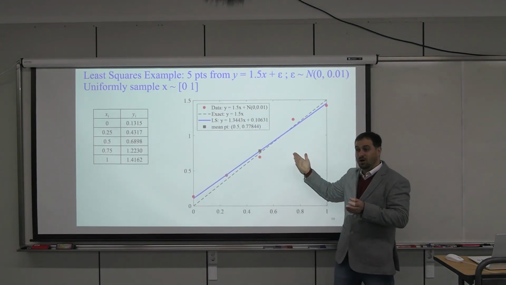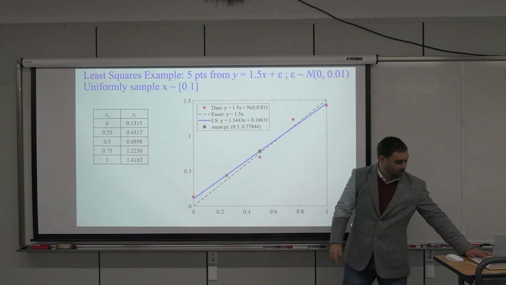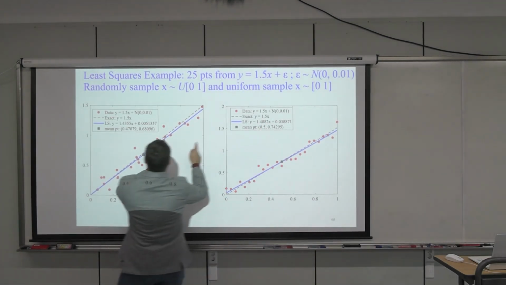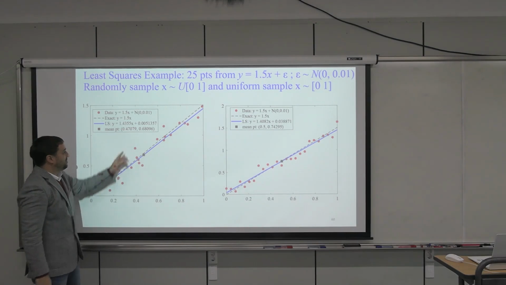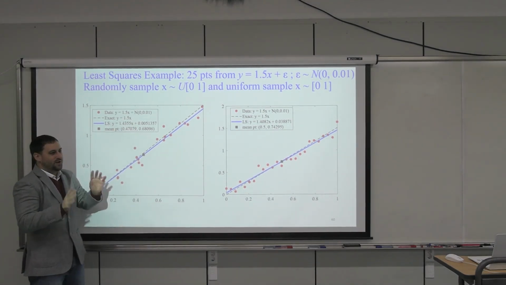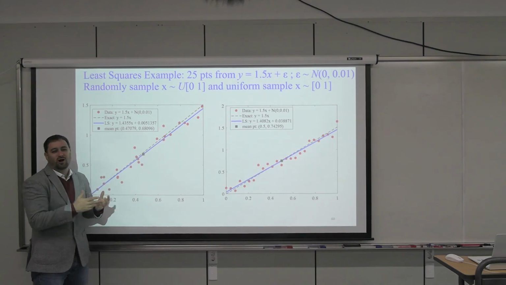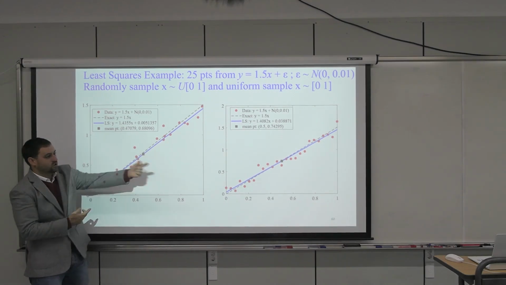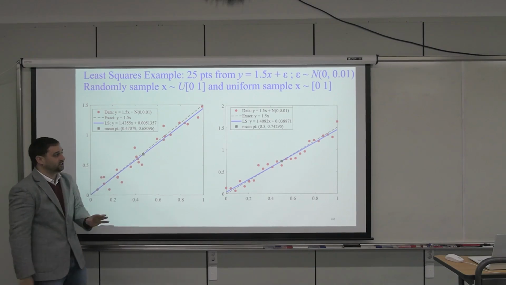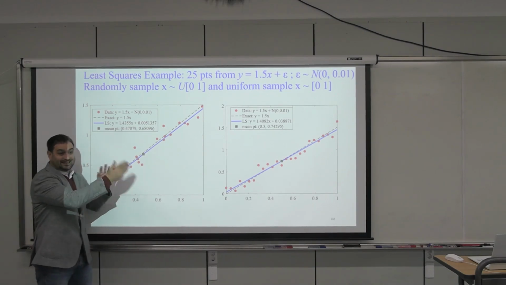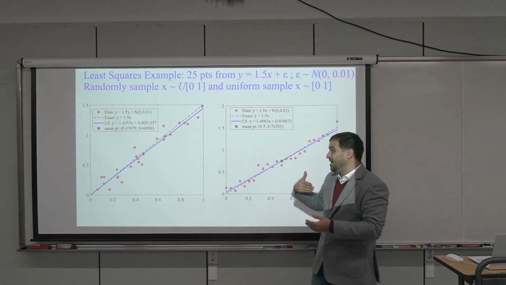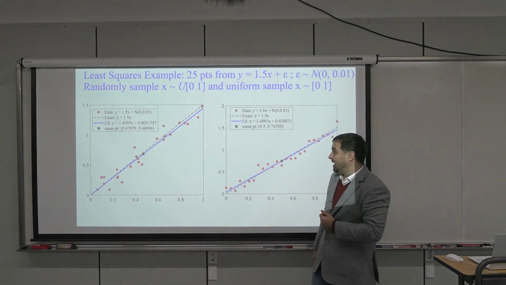With the 25-point data set, the randomly sampled X values have a solution a little closer to the true solution. So we shouldn't draw any conclusions about whether to uniformly sample or randomly sample. That's not the point of this lecture. From data set to data set, especially with finite data sets, you can get large variations, okay?